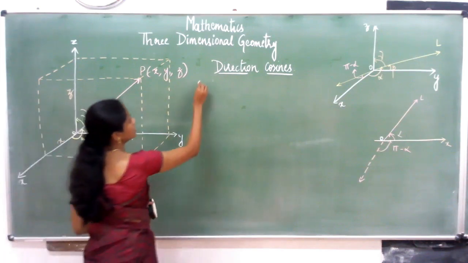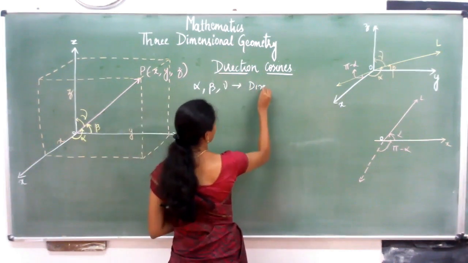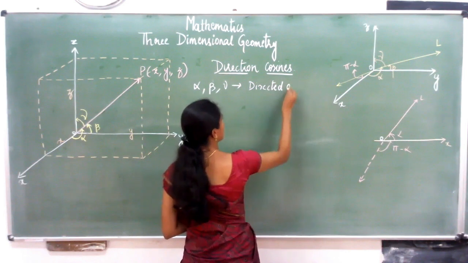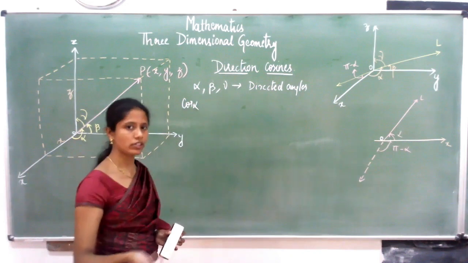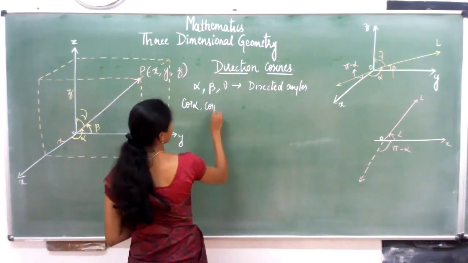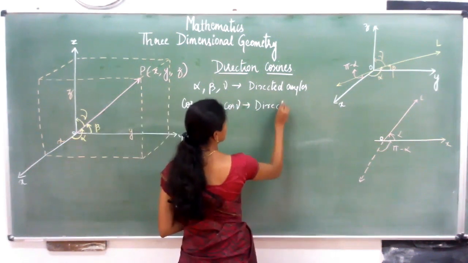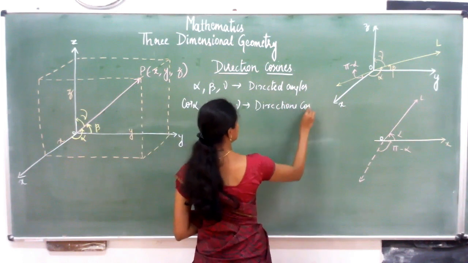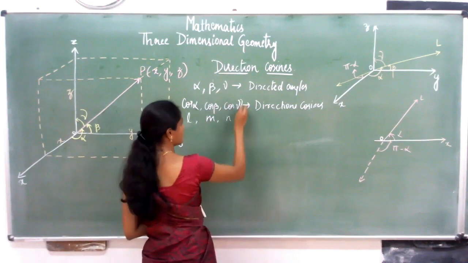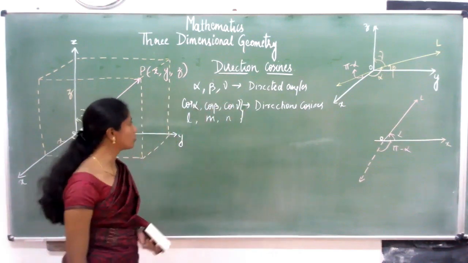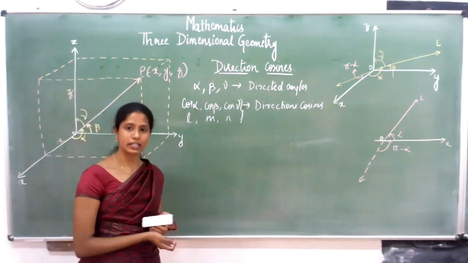So we called alpha, beta and gamma directed angles, and hence we called cos alpha, cos beta and cos gamma, the cosines of these angles, direction cosines, which we also call L, M and N. That is the other representation of cos alpha, cos beta and cos gamma.